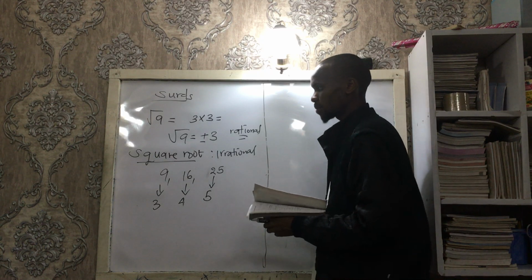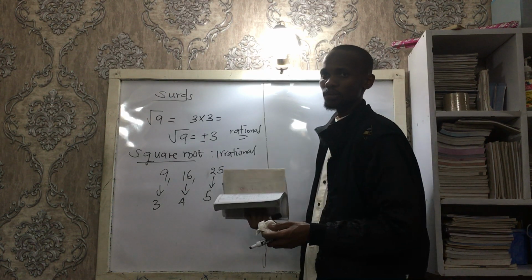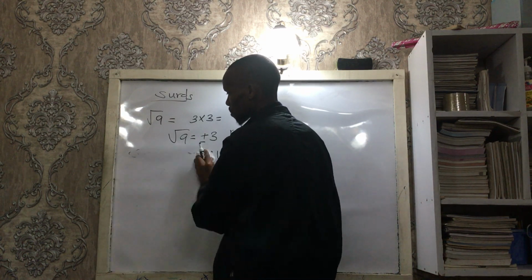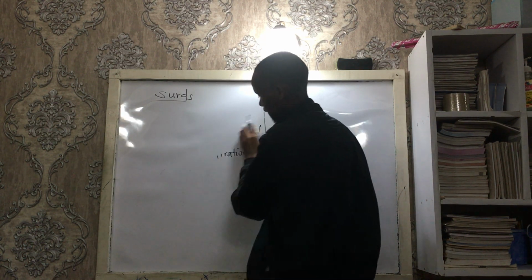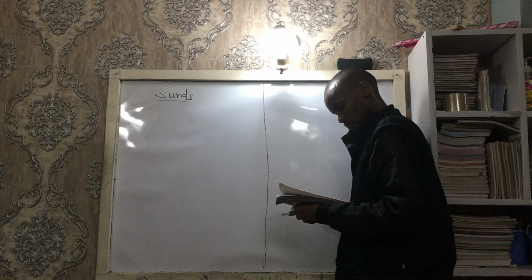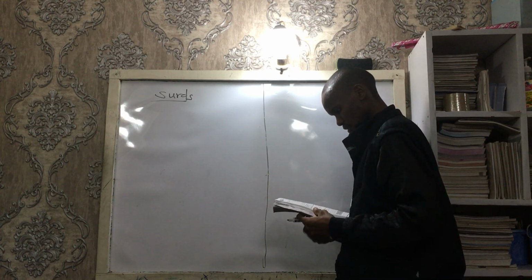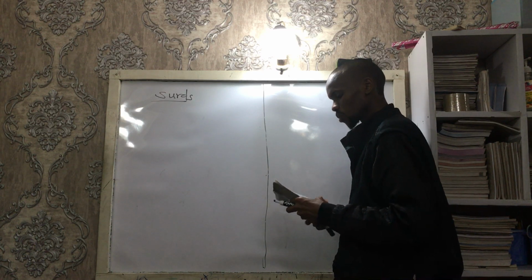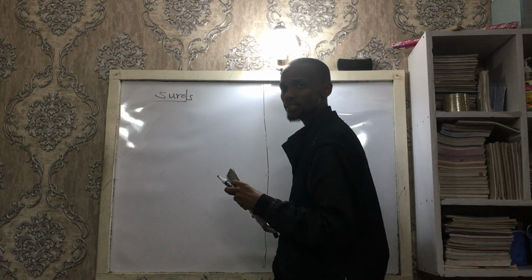Now, maybe I will do a question so that we can understand what I mean. Now, check here. We are being told: find the integral numbers between which the root of 137 lies.